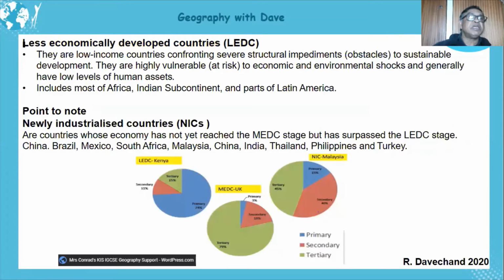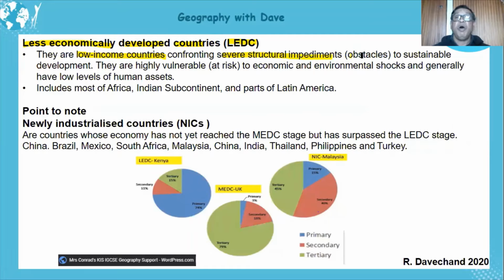Then we talk about less economically developed countries, LEDCs. These are low-income countries. Remember, it doesn't mean there are no rich people in the area. There are rich people there also, but there are not many. Generally, the average is low income, and they have severe structural impediments.